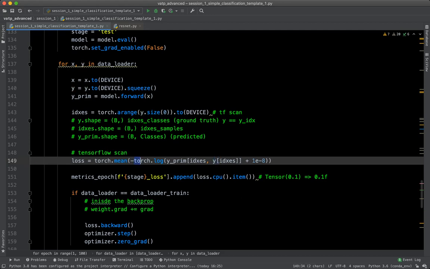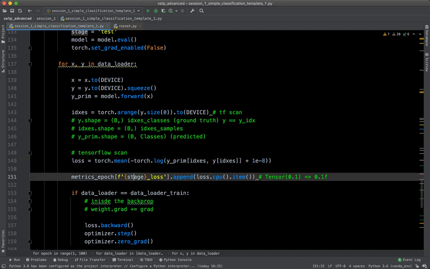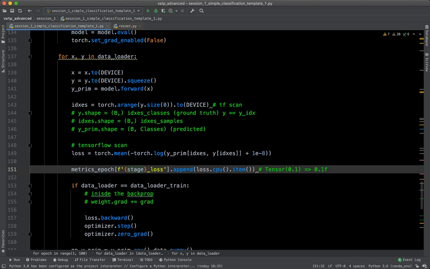That is also fine. So all of these ways are fine. Hopefully that would be interesting for you. If you run it, it should train up to, let's say, 97% in about 10 epochs. Okay. So let me share another template with you.